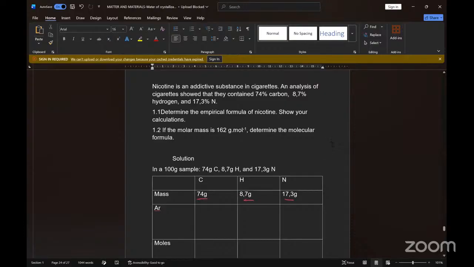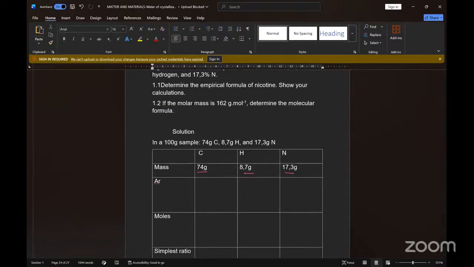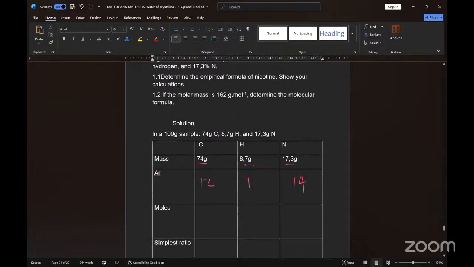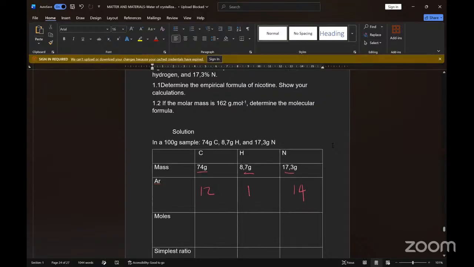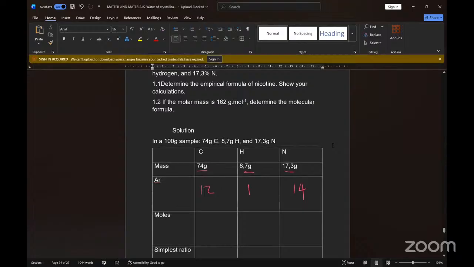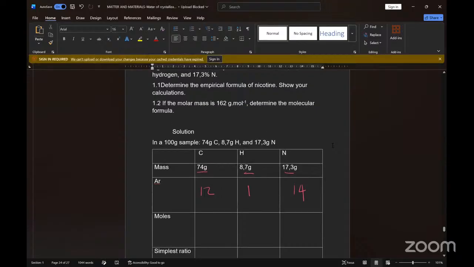Then we go to the relative atomic mass, which you already know. This one is 12, this one is 1, and this is 14. You can get it from the periodic table. At the back of every past paper, especially the standard ones, they have to give you a periodic table, and you will find these atomic masses indicated there.